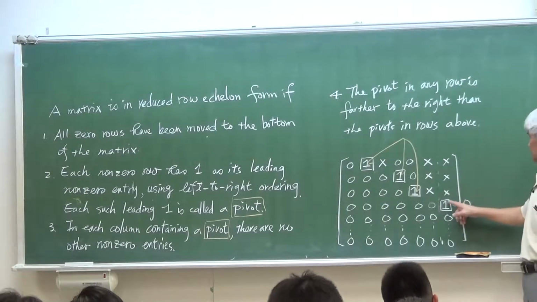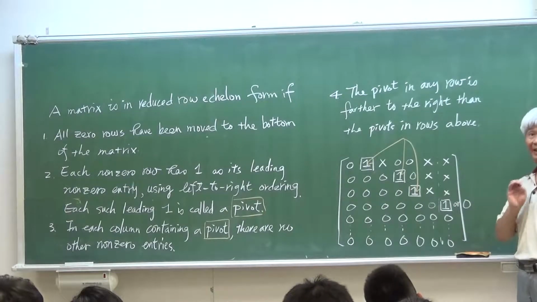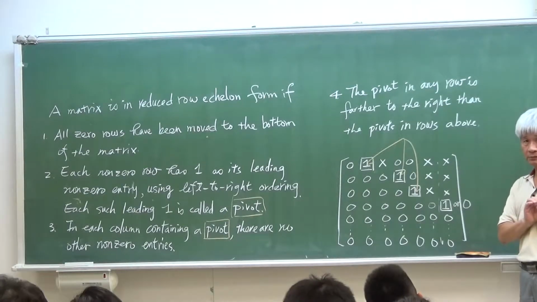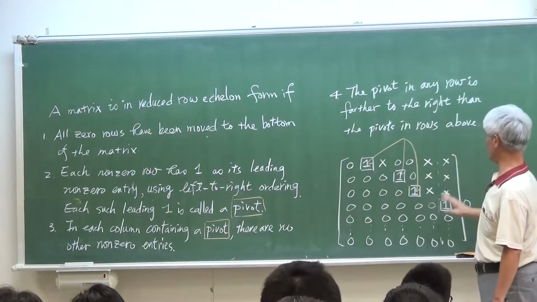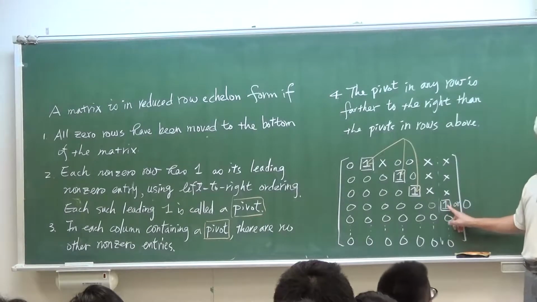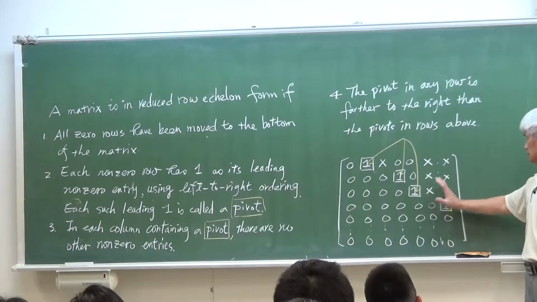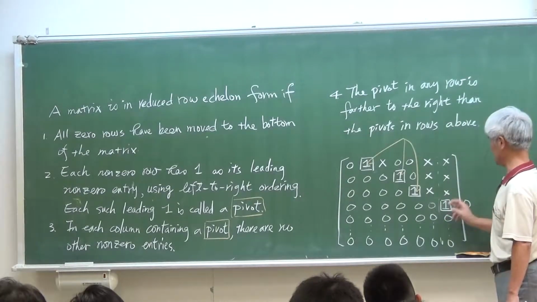I can't put a cross because when I put a cross here it means that it can be any value. But for reduced row echelon form, if it is non-zero, it must be 1. So this is a pivot, but we will not call it a pivot.